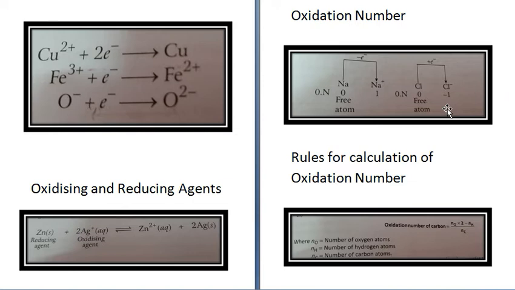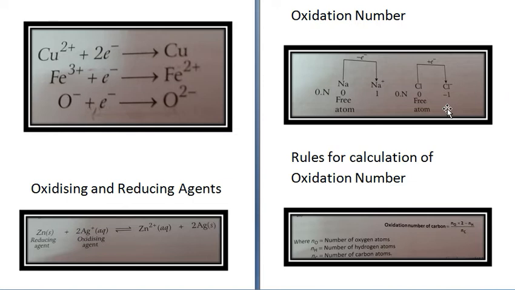But the same H2, in the case of water, H2O, will not have 0, it will become +1. So when it is combined with its own atoms, the oxidation state will be 0. Like in the case of P4, S8, sodium, magnesium, they all have oxidation number 0.